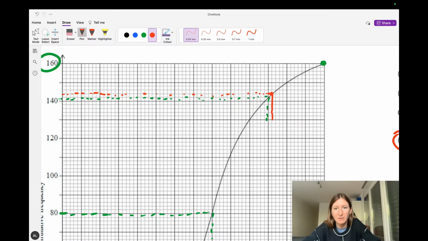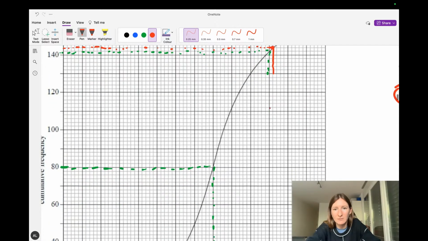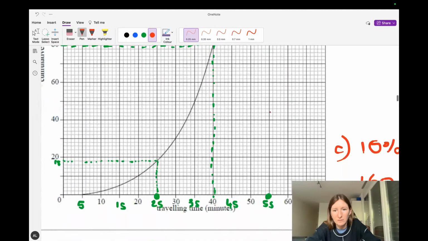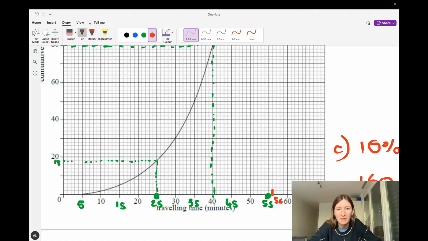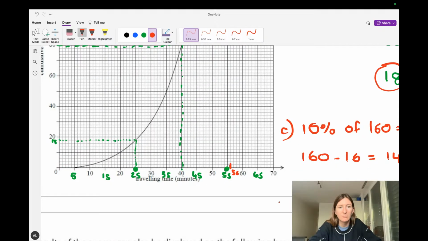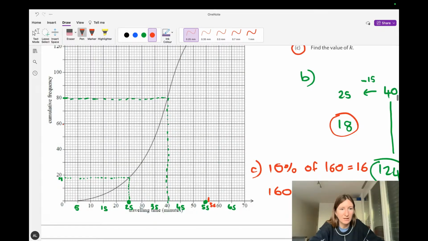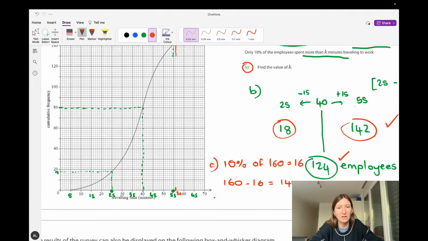Okay, there. So I'm going to go all the way down this one, and then it's 1 over. We're going in ones here, so 56. Be careful with these scales because one scale is in 2s and this is in 1s, so be very careful when you're reading things off.